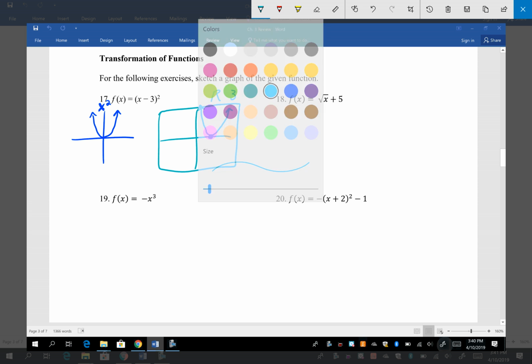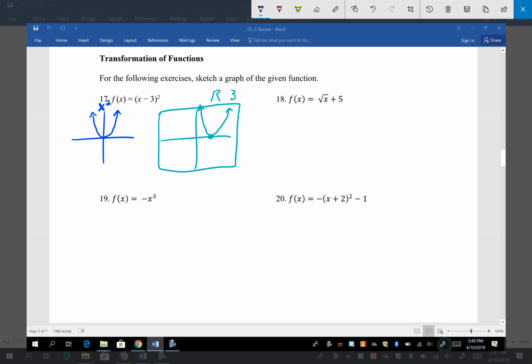Okay, let's look at number 18. What kind of function is this? Square root function. Do we know what that looks like? It's the half of the parabola, right? Looks like this.